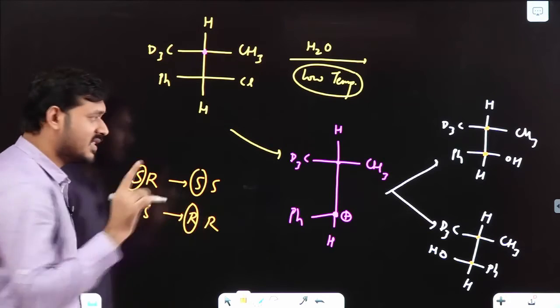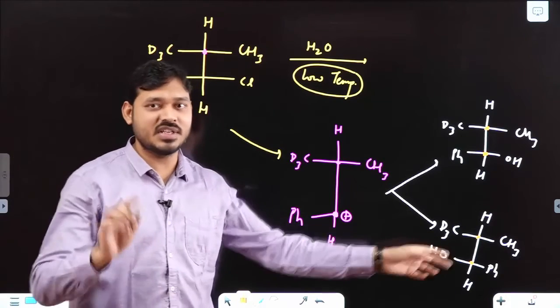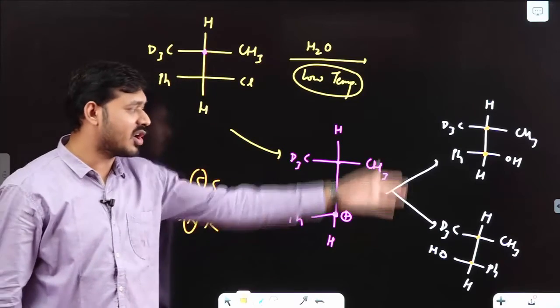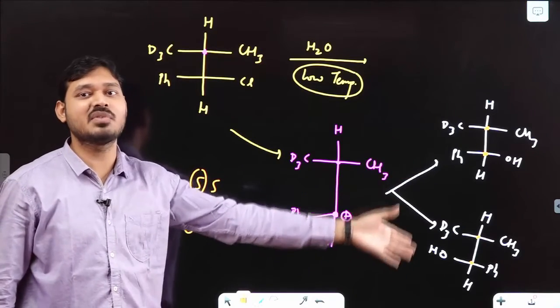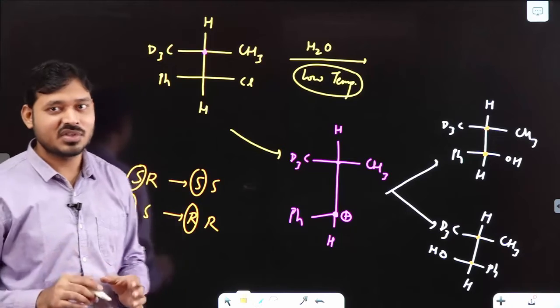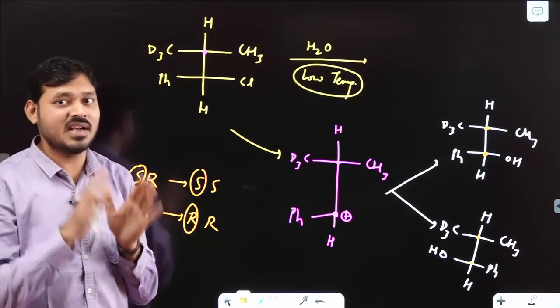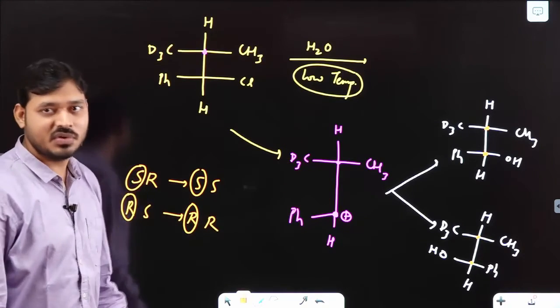So when one part is same and the other part is only changed, you can say the products obtained are actually diastereomers of each other. Okay, so do not have that cramming tendency. Understand this concept. Clear to you? Okay.